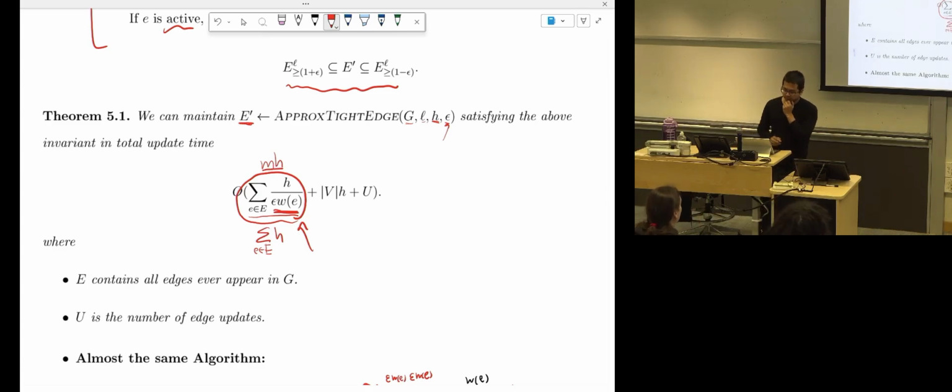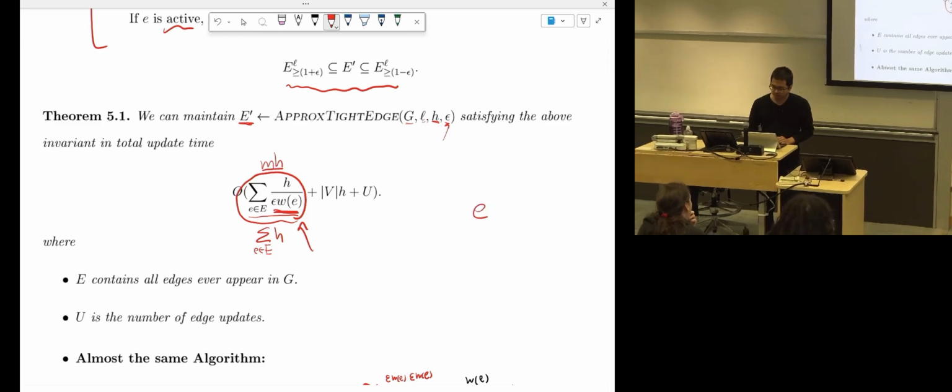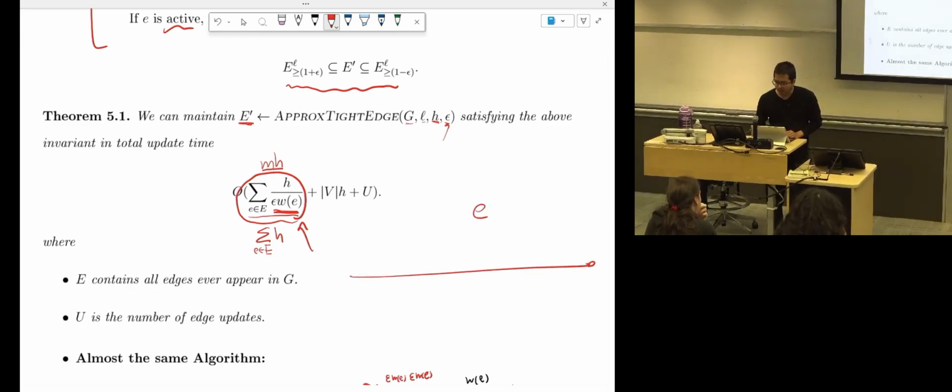Exactly. So basically you focus on one edge E, right? And you ask how many times we're gonna probe this edge E. The level increase can start from 0 up to H, but we're gonna probe only with this granularity.